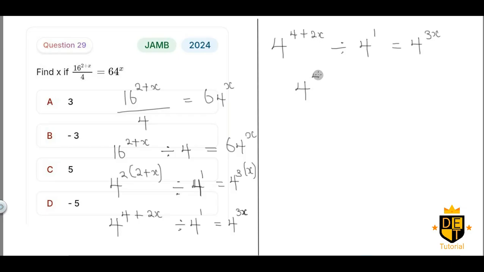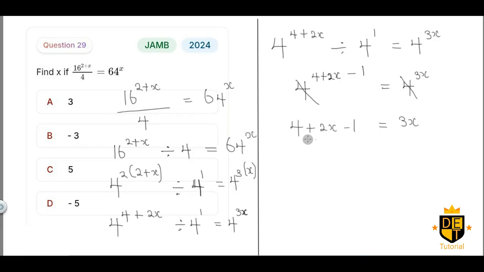That will be 4 raised to the power of (4 plus 2x minus 1), an application of the division law of indices, equal to 4 raised to the power of 3x. Now I can cancel out this 4 with this 4 since they are the same. What I have left is 4 plus 2x minus 1 equal to 3x.